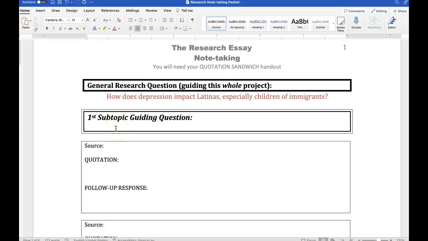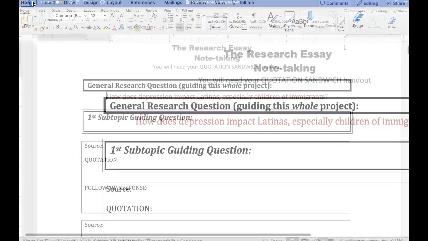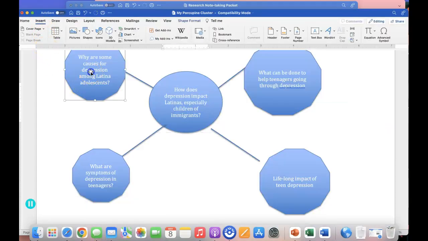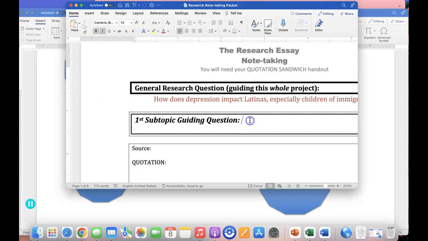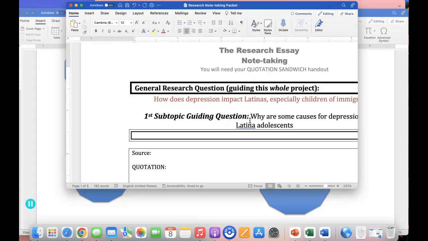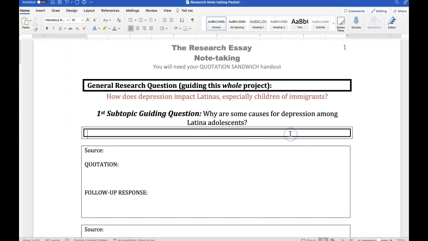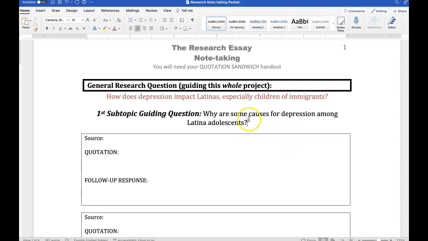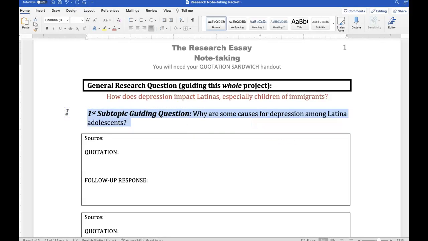My first subtopic guiding question is going to be, what are some causes? So I will, oh, my boxes are getting weird, so we can just ignore the boxes, I suppose. Okay, so this is my first subtopic guiding question, causes.